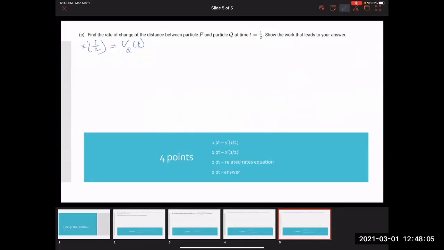You end up getting 2 pi times cosine of pi over 2 minus pi times 1/2 times cosine of pi over 2 plus sine of pi over 2, all over 2 minus 1/2 all squared.